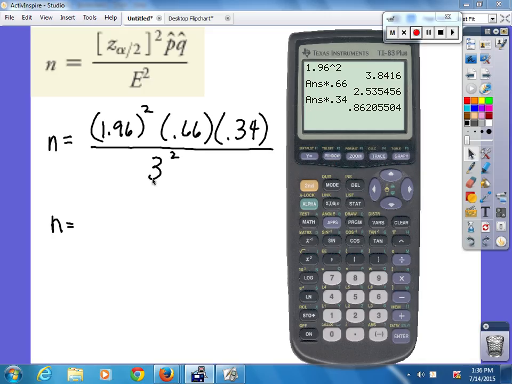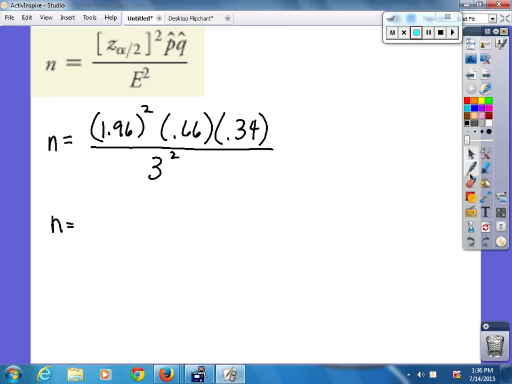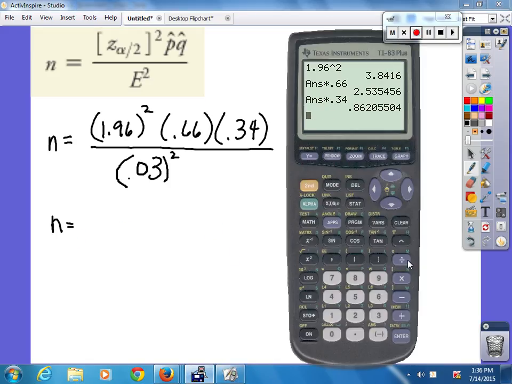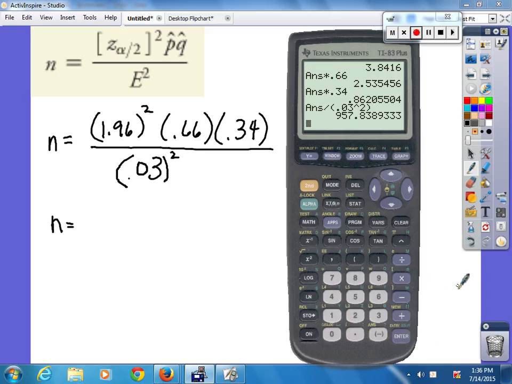Is it 3 percentage points? So that's 0.03. Sorry. 0.03. So divided by parentheses 0.03 squared, close parentheses. I get 957.83, and that's what I'm going to put down for my answer, right?